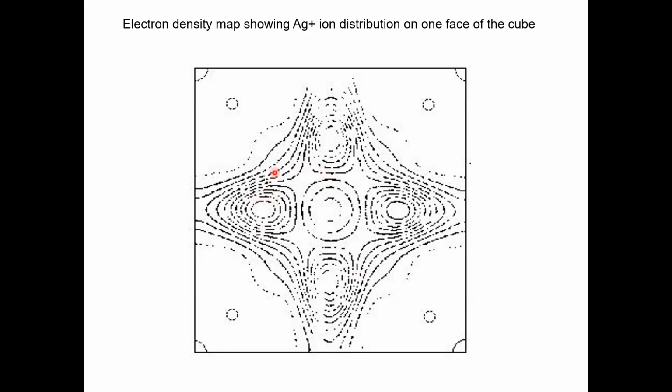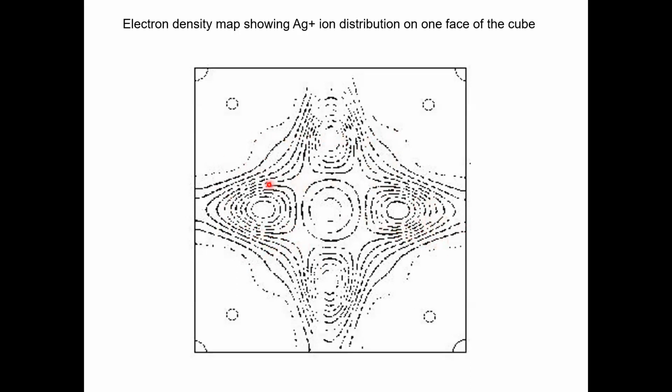And this is an indication that the silver is sitting, if you think in terms of electrical potential, in a very shallow potential, so that silver can wobble around over larger distances. That's why the silver mapping shows this diffuse type of distribution.